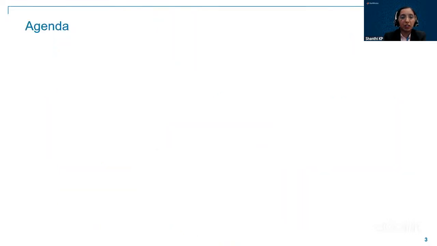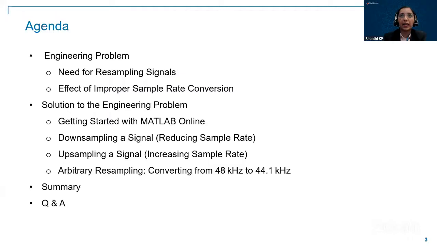In this session, we'll begin with an engineering problem related to signal sampling. We'll discuss why resampling is required and what the effect will be if an improper technique is used for sample rate conversion. Next, we'll see how to solve the engineering problem we have. As part of this, we will first get started with MATLAB Online, available for this NPTEL course.